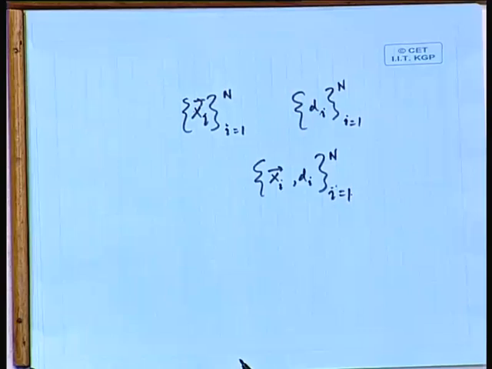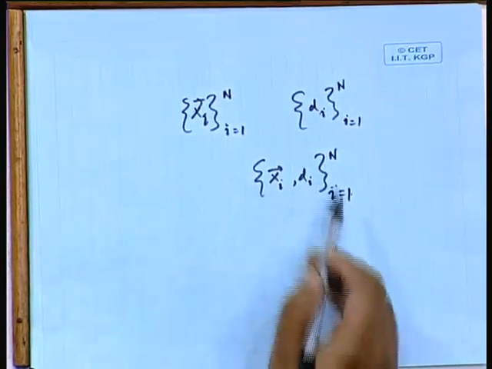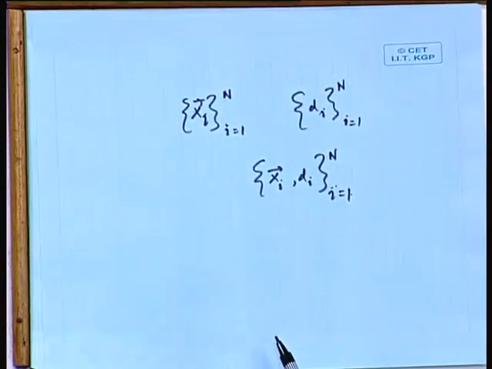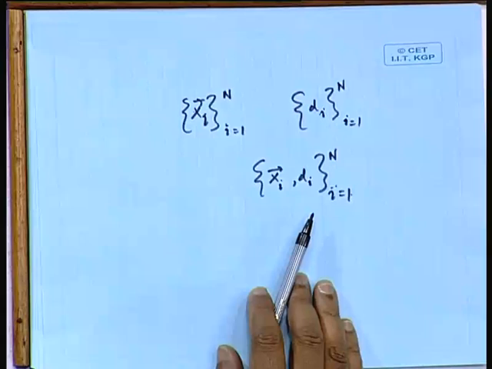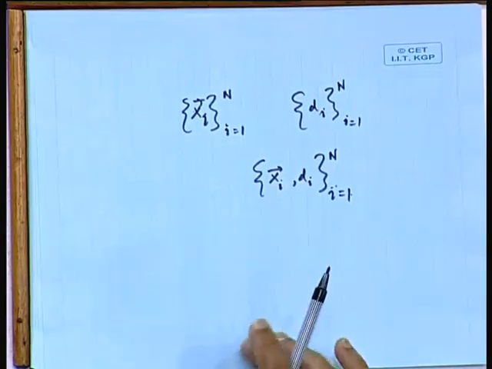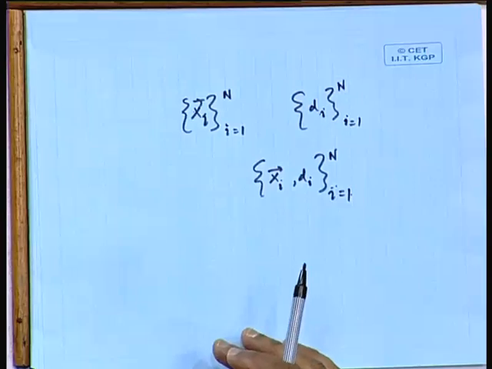Now, the question is that given a network which we are asking to learn, when a network is made to learn with these many training patterns, what is the guarantee that this learning that it is doing is not an over learning or an under learning?